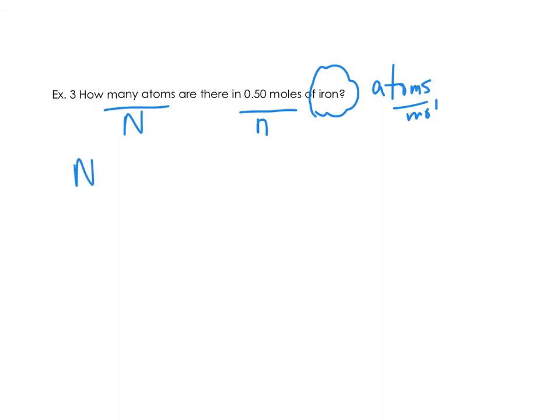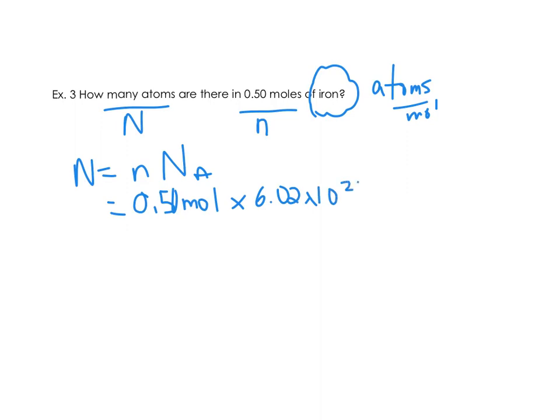So big N is n times Na. So 0.50 moles, 2 sig figs, times 6.02 times 10 to the 23rd atoms per mole.